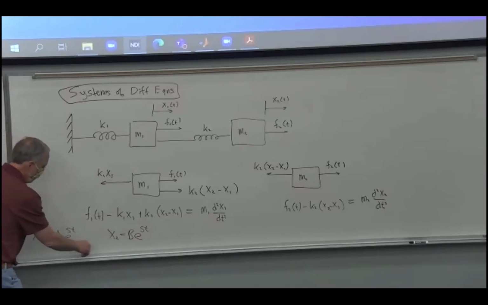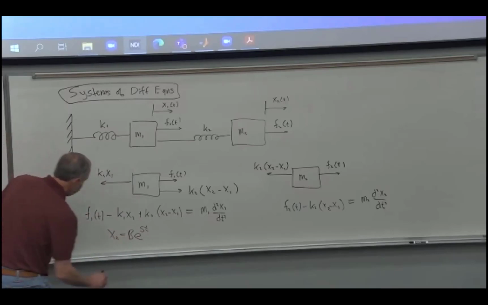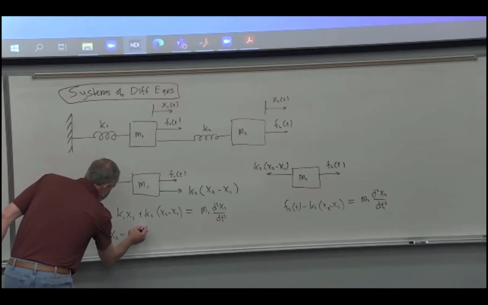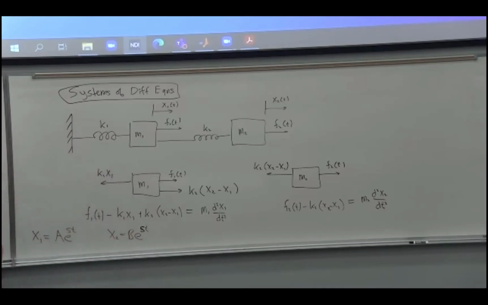So we have to put an A here and a B here. You might say, well, use different S's, right? There may be different S's. That'll still look like an S. Why not e to the st and then e to the wt? Kind of makes sense. It'd be something you'd want to try.